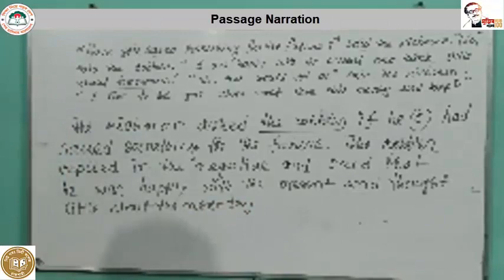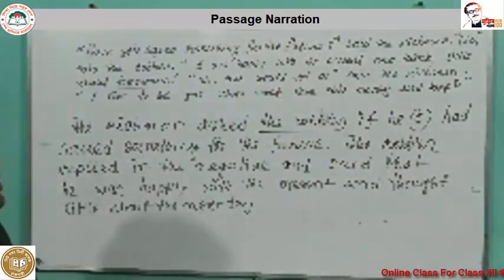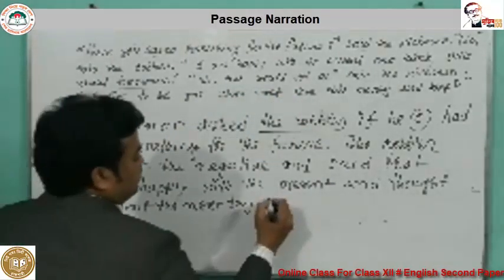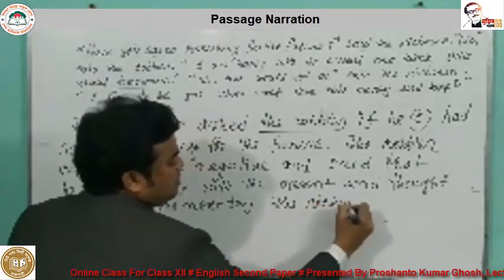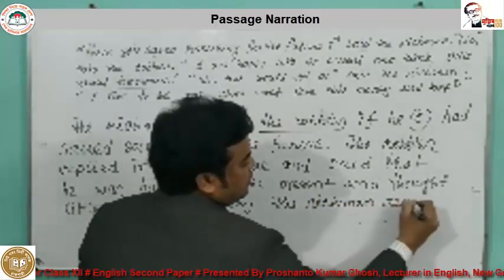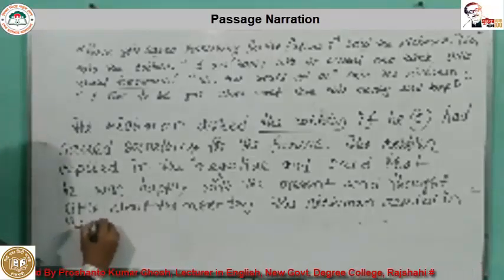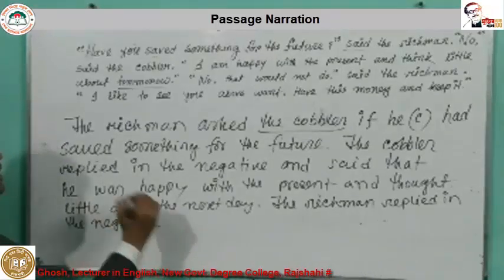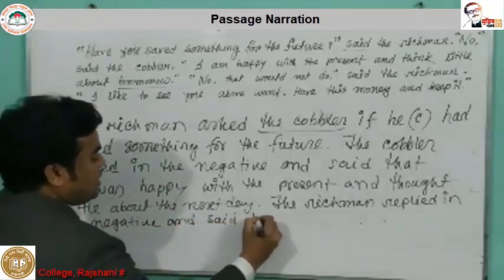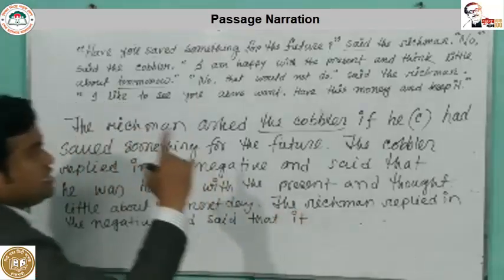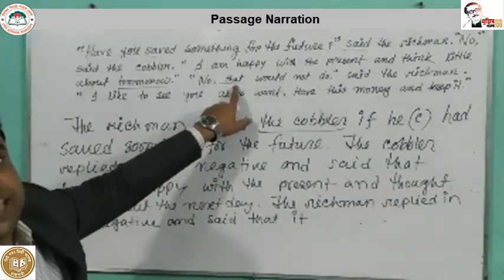You understand. Now, the wristman says, "No, that would not do," said the wristman. The wristman replied in the negative and said that it. This is very important because this sentence starts with that.